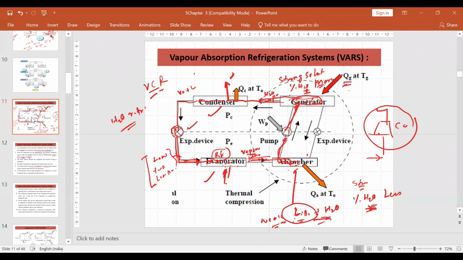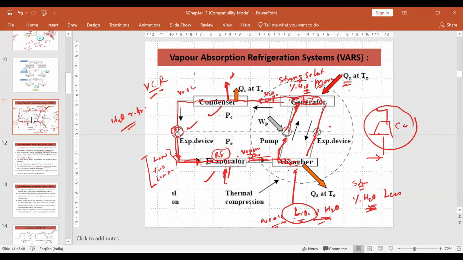So this is the cycle. Now in this cycle, what happens? As the water boils, the strong solution now becomes weak because there is less water in the solution. Now this weak solution passes in this way and enters through the expansion valve. It is expanded. As a result, temperature reduces and pressure reduces.